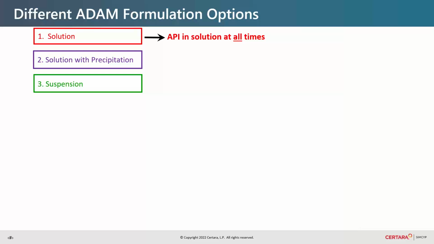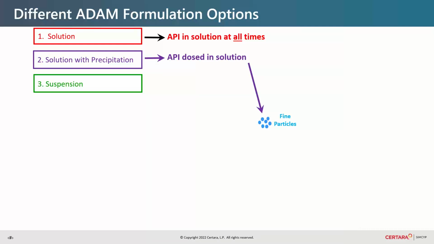If you use the ADAM model, you can look at different formulations. You have a number of different options available to you. The simplest one is solution, where the compound's in solution at all times. But using the ADAM model with solution still allows you to look at regional differences in metabolism and transporters. It can still be a useful way to go.